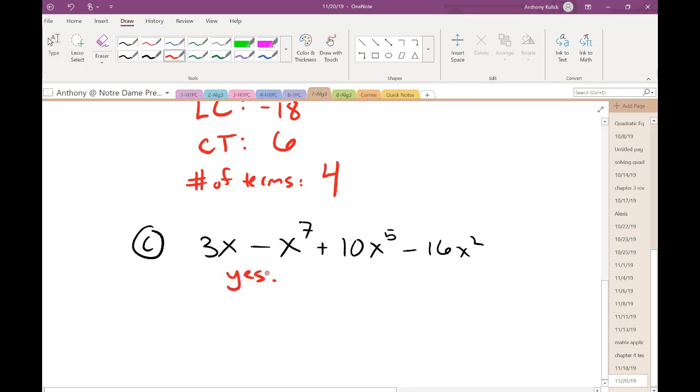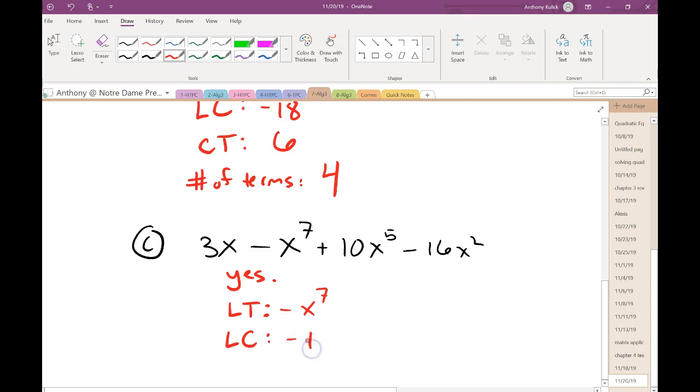Okay. So since it's a polynomial, we're going to list some things. So what's the leading term? That's the first thing we said we're going to list. Negative x to the 7th. Okay. That's good. And what's the leading coefficient? Negative 1.